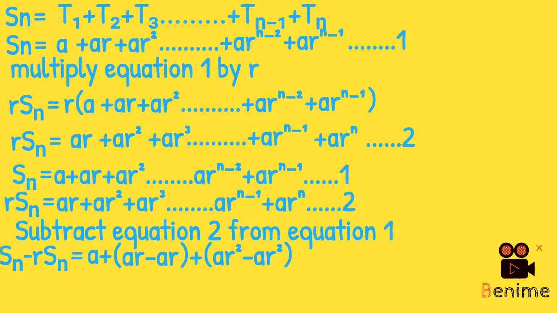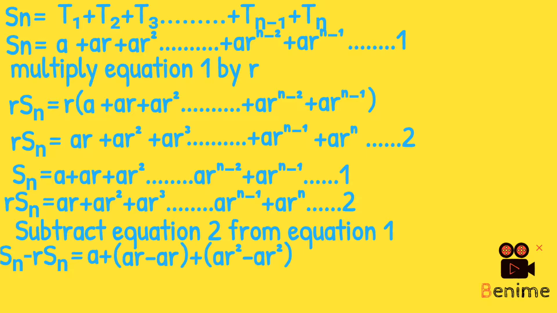And so on until you get to ar to the power of n. In essence, what is it saying? Apart from this first a in equation 1, every other term in equation 1, you can find it in equation 2. And what will happen is that they will cancel each other out.